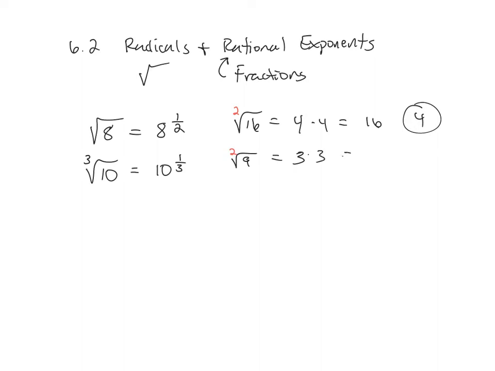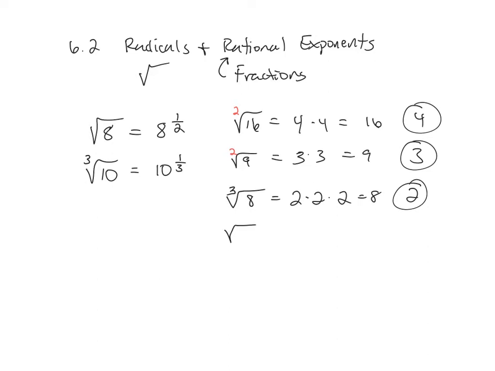Or 3 times 3 is 9, so the answer is just 3. So when we do cube root or third root, what we're saying is what times what times what, a number 3 times, that makes 8. Well, 2 times 2 times 2 makes 8. So then the whole answer would just be 2.